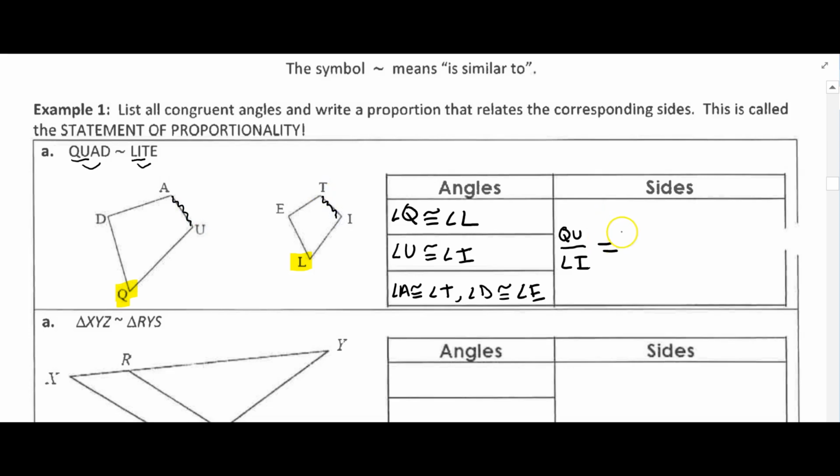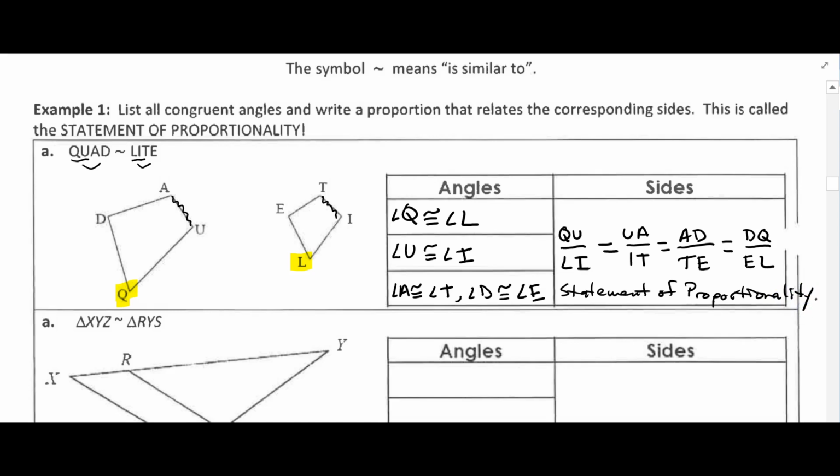So UA to IT. So QU is to LI as UA is to IT as AD is to TE as DQ is to EL. So this is our statement of proportionality.